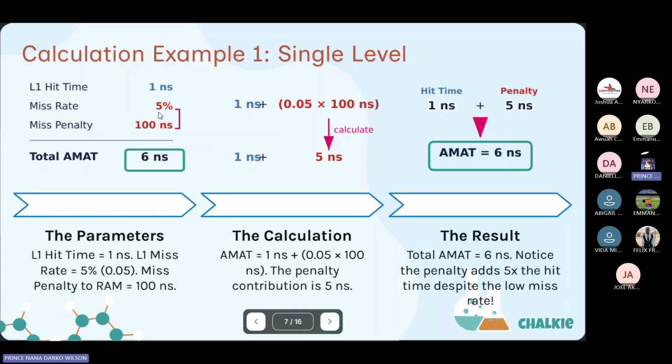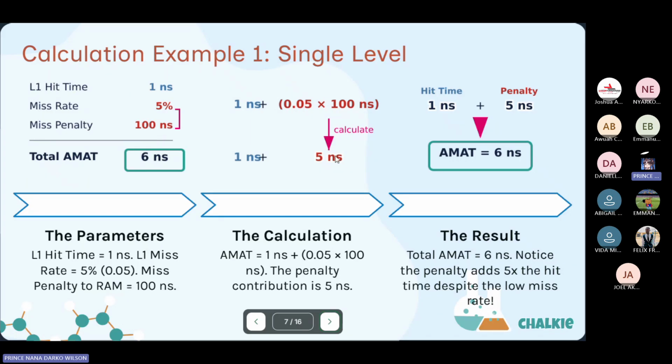It means if we have to retrieve data from memory and bring it all the way to the cache, it takes us 100 nanoseconds. To compute the average memory access time, it's going to be the hit time, which is 1 nanosecond, plus the product of the miss rate, 5% or 0.05, times the miss penalty, which is 100 nanoseconds.